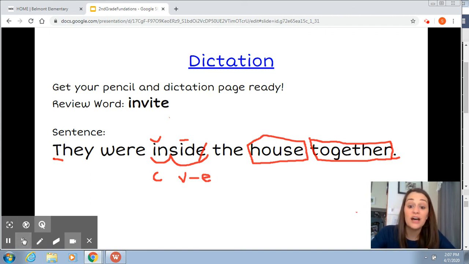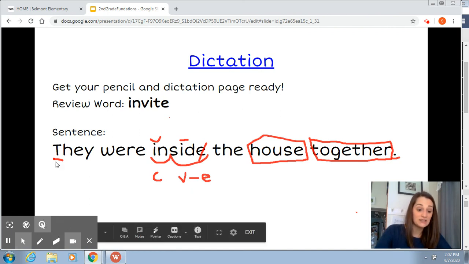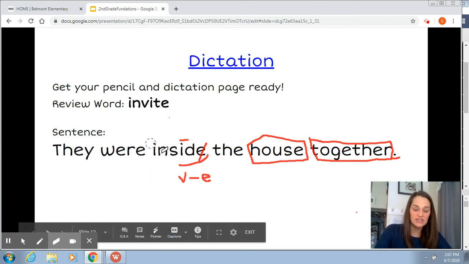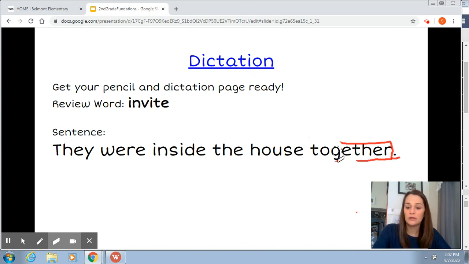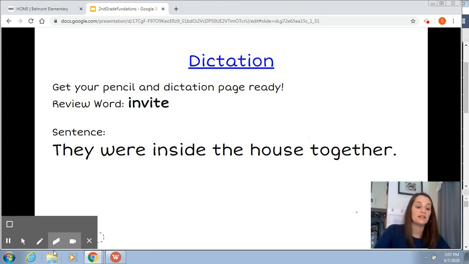You all did such a great job today. I'm going to go ahead and erase this, and I'm going to tell you where you can keep up the practice with our vowel consonant E words. Inside your packet, you'll have 2 extra pieces of work to help you practice writing and spelling and marking vowel consonant E words.